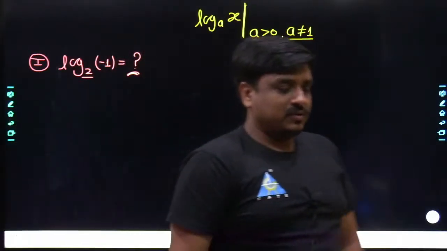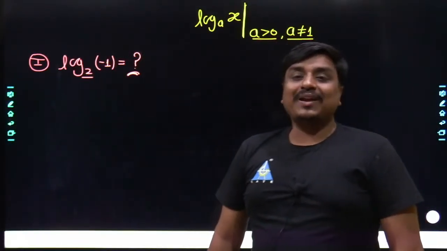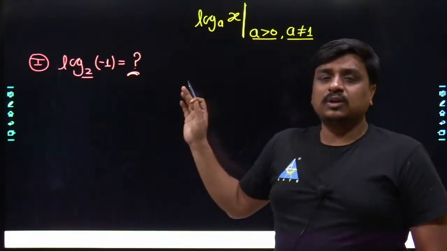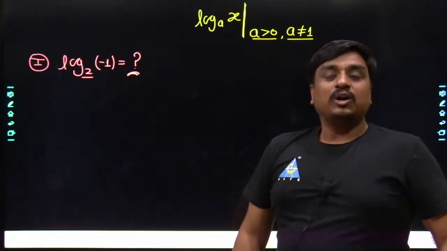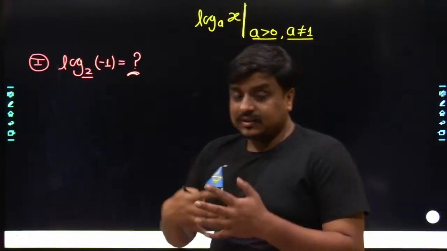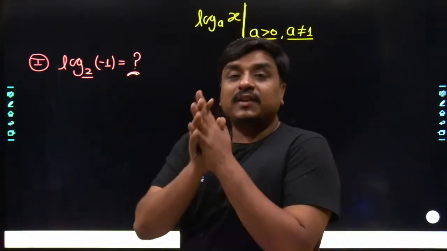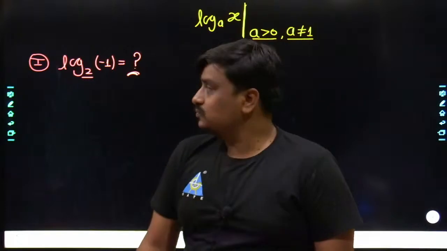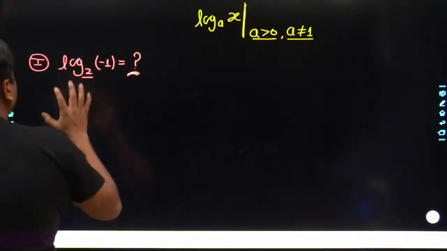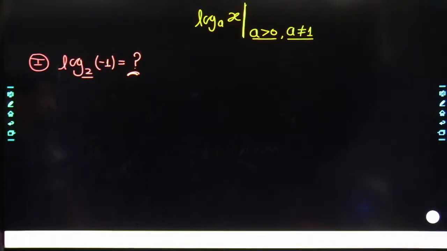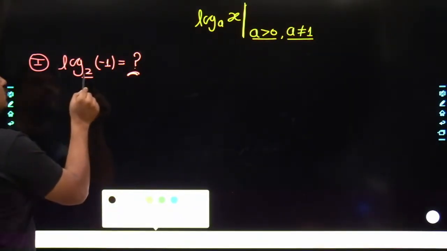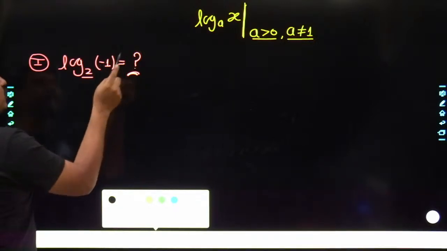Whenever I write a problem and seek an answer, you must be prompt enough to write the answer over the live chat. So at least I'll have two-way communication and I will enjoy my teaching more. Whether it is an appropriate form of the mathematical expression or not. No, it is not. See, log base 2 of -1 is a question mark.